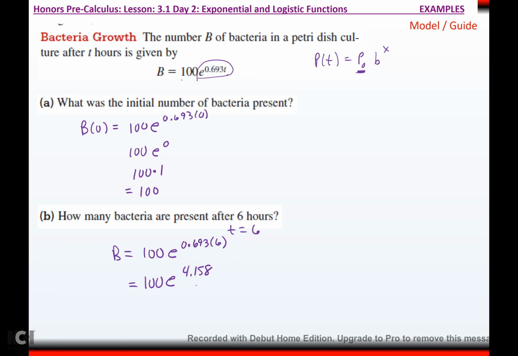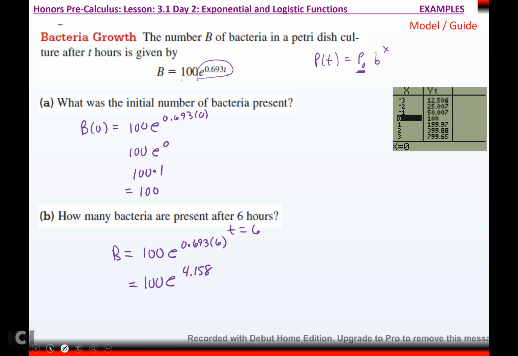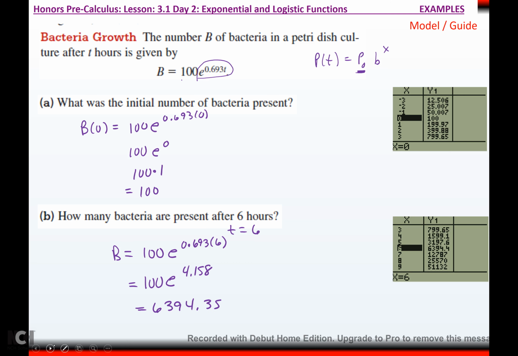So you do second divide to get your E. When you type this in, I would do 100 second divide, caret 4.158, and you get 6,394.35. And just to show you, though, you could look at a table of values. If I typed this function in and went to table, 0 would be the beginning. There's my 100. 6 hours later, there's my 6394.4. Okay?